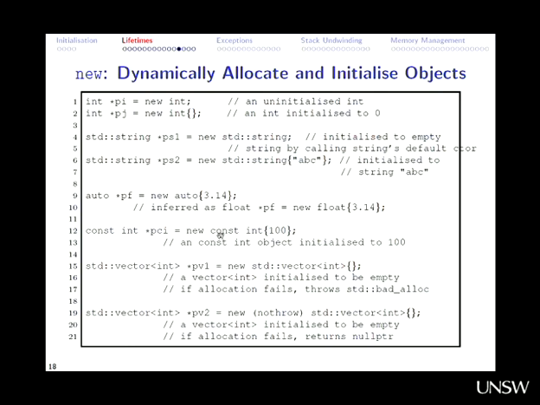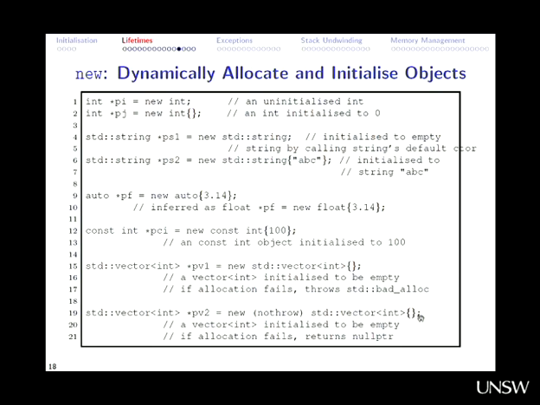We can create a new const on the heap. We can create a new vector on the heap. Now, this is interesting. If this vector initialization fails, it throws an exception. Okay? We'll talk about exceptions soon. We have this version, new, brackets, no throw, standard vector.